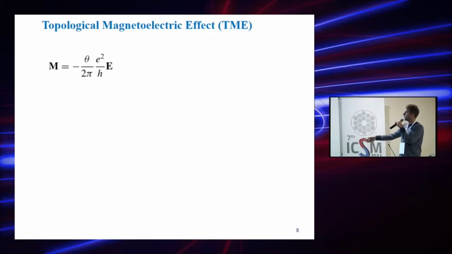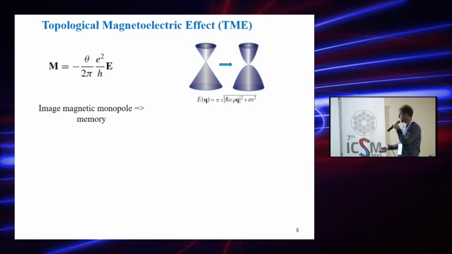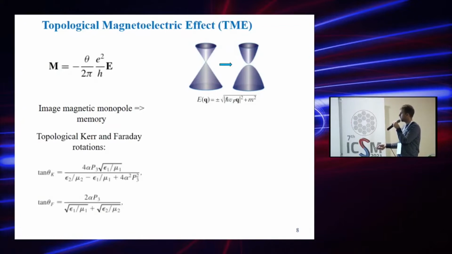And vice versa, by applying an external magnetic field, you will get a quantized electric polarization. To get the effect, you gap the topological surface state, you place the Fermi level here, and starting from a certain thickness, you will enter the quantized regime. And then you can try to realize such a thing as an image magnetic monopole, or other consequences like topological magneto-optical effects.